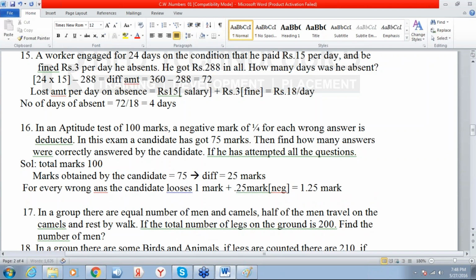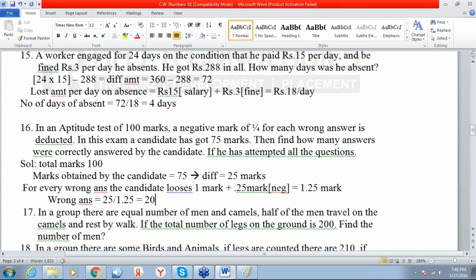So in total, the candidate has lost 25 marks. Wrong answers: 25 divided by 1.25 is equal to 20.